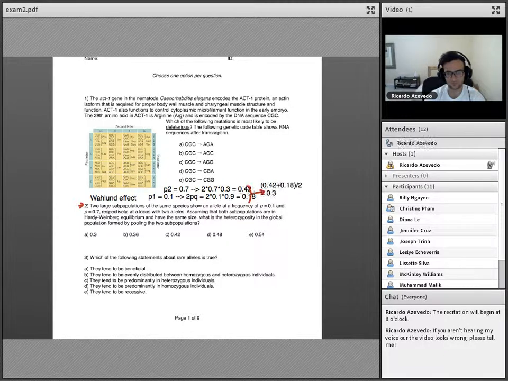Okay. So 0.3 is the right answer to this question.